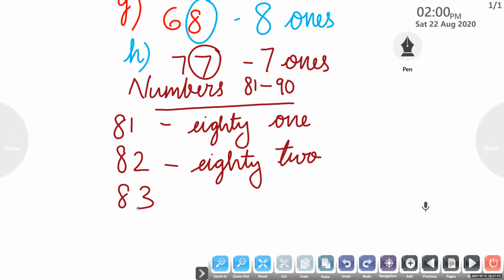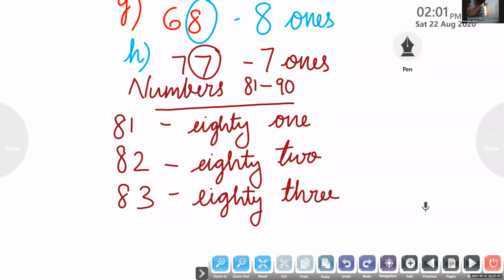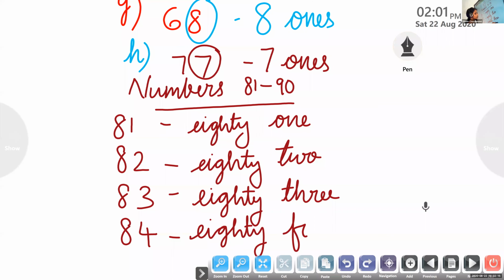Next we have 83. E-I-G-H-T-Y, 83. T-H-R-E-E. Then 84. E-I-G-H-T-Y, 84. F-O-U-R.